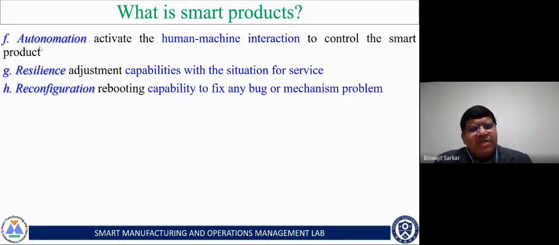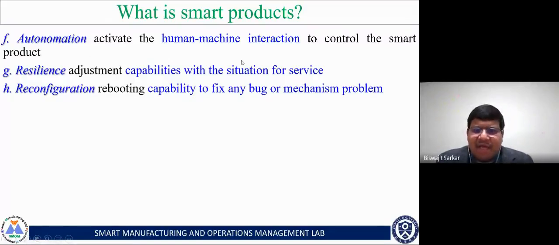And what is autonomation? Autonomation is that if there is something defective or imperfect, the system will inspect automatically by itself. So there is auto, and then the word 'no' is added to ensure that the inspection is done by the computer totally. And this is the main area to activate human machine interaction.